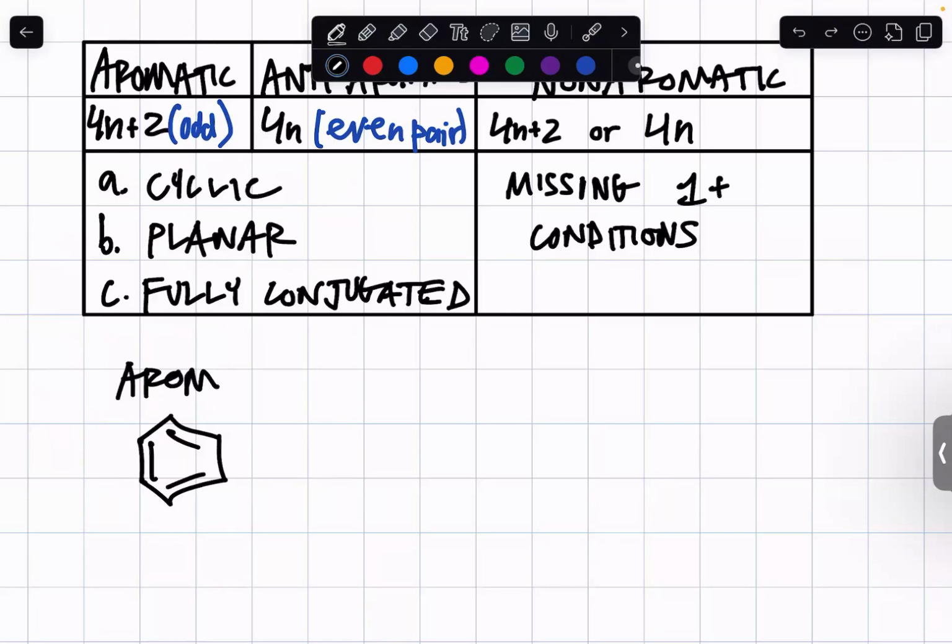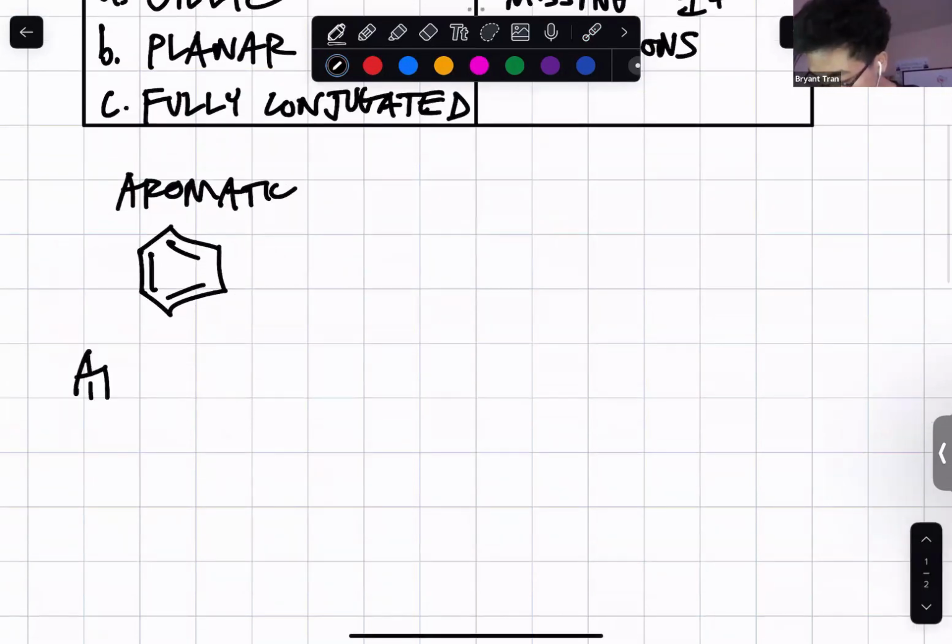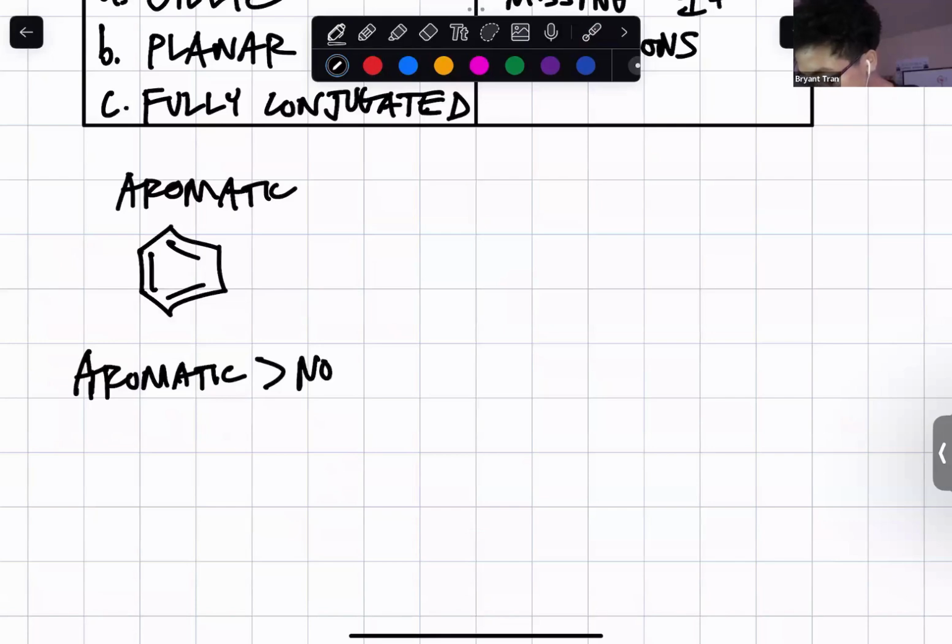Now the stability of these: the aromatic molecule is the most stable. The arrows I'm going to draw here in black are stability arrows. So aromatic is the most stable, then non-aromatic, and then the least stable is anti-aromatic.